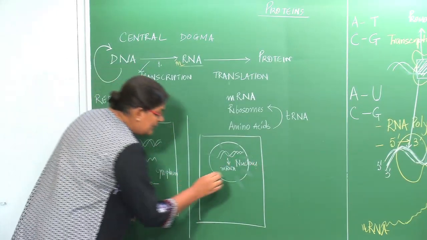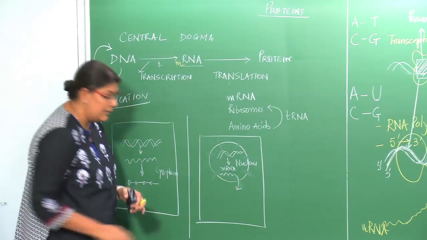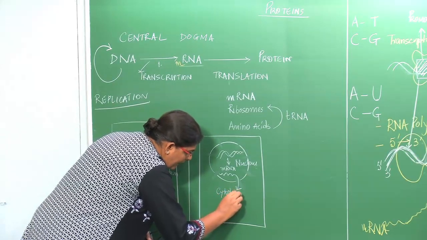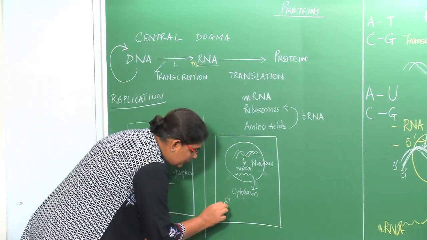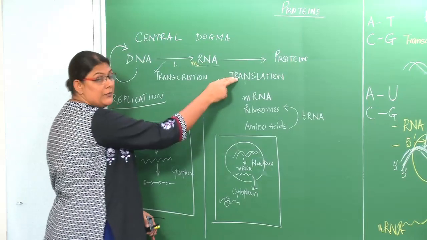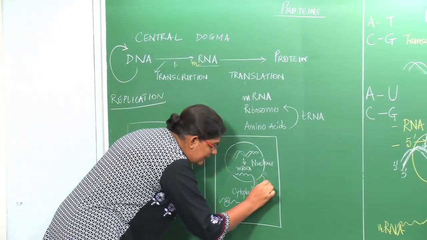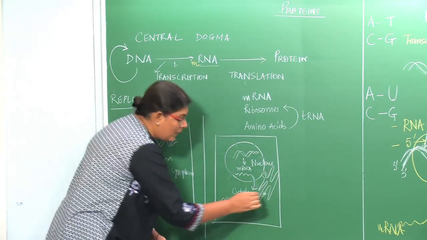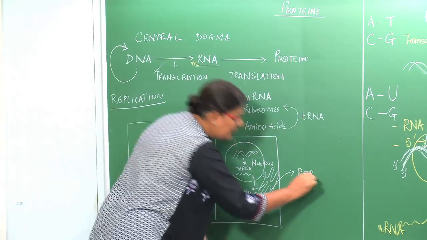After that, once the mRNA is ready, it comes out of the nucleus into the cytoplasm. And then in the cytoplasm, there will be either free ribosomes to which the mRNA will go and the process of translation will happen, or it will go and sit on those ribosomes which are sitting on the rough endoplasmic reticulum.